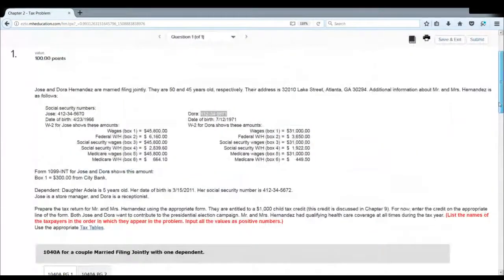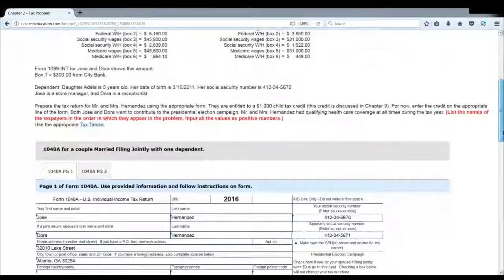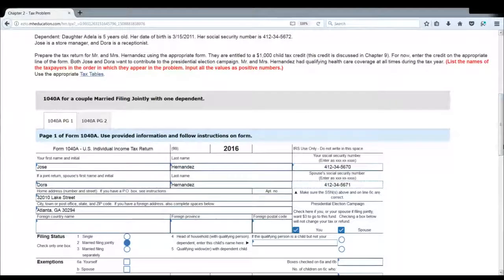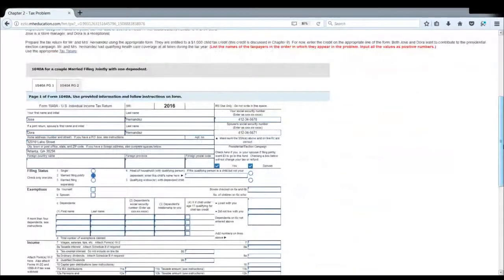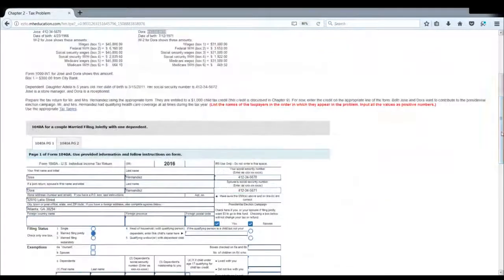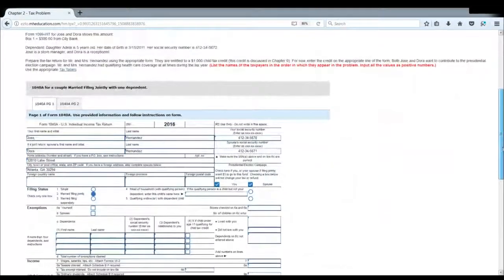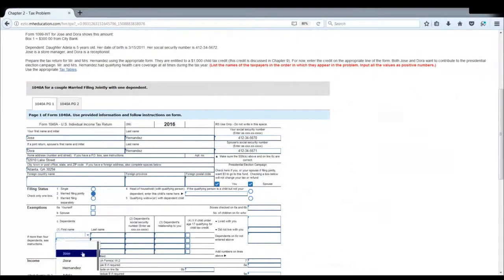Okay. So then, daughter, Adela. If I'm really trying to see clearly, I probably just minimize it a little bit. Her birthday, no, that's right, it's not going to be here.